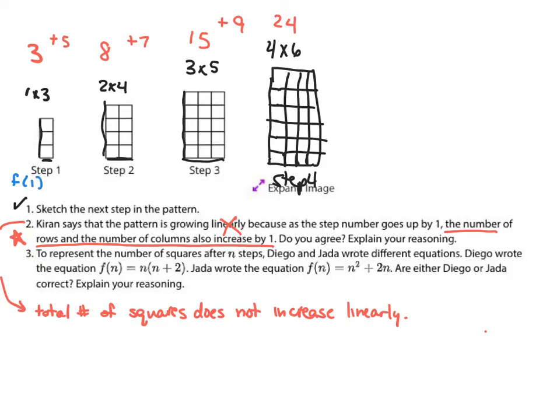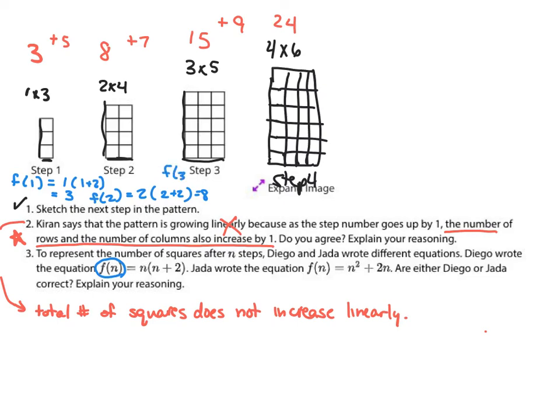So I'm going to do f of 1. That was 1 times 1 plus 2 using that function. I get an answer of 3. For step 2, f of 2 would be 2 times 2 plus 2. And that gives me a solution of 8, which is correct.